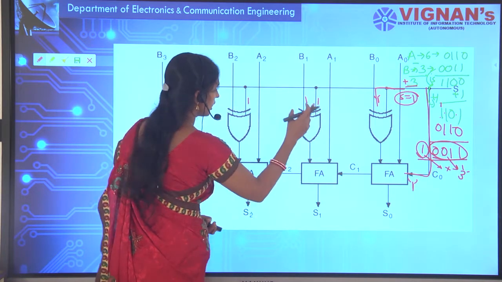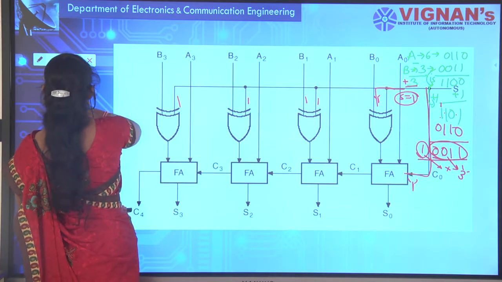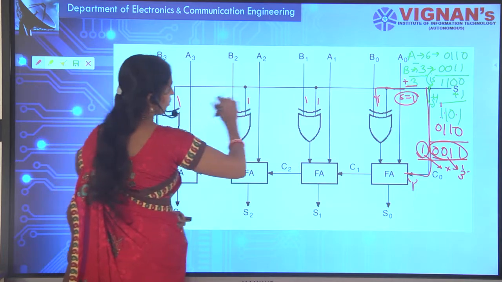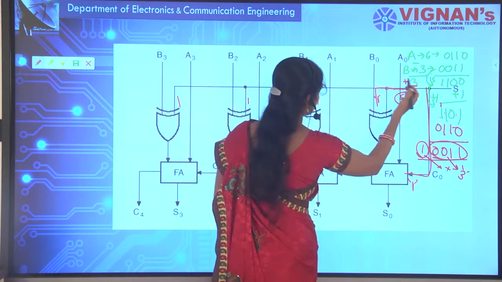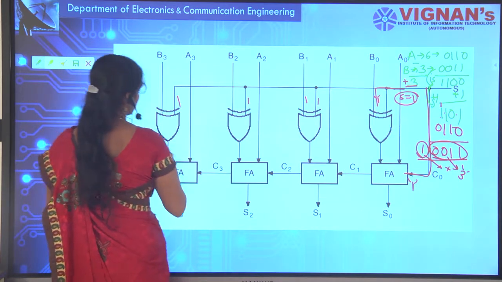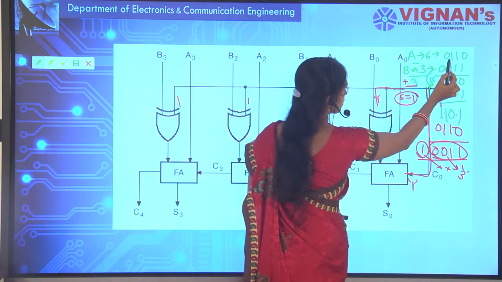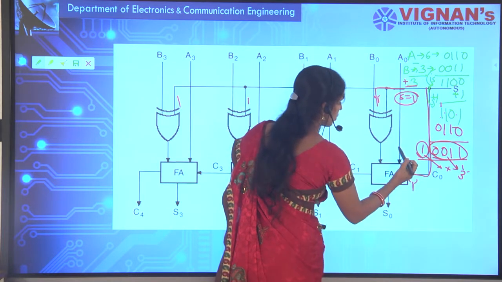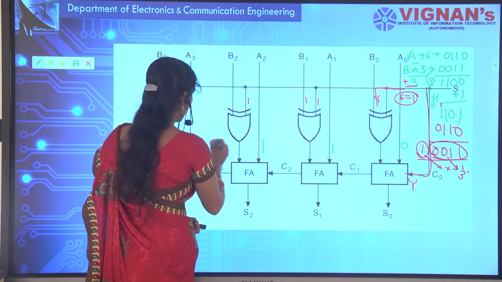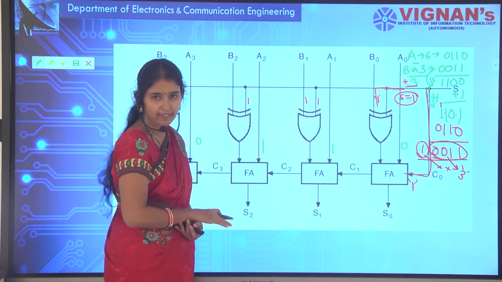Now write all the A and B values. What are the A and B values? A is provided with 0 1 1 0. I have kept all my A values.